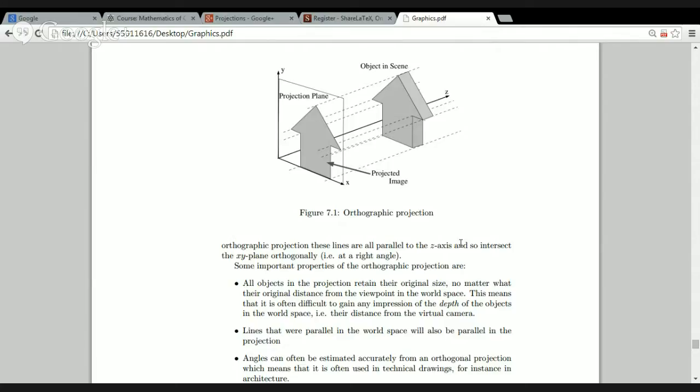Of course, if it was oriented differently, if it was slanted, so it wasn't face on to the camera, the projection would be a lot narrower. But the point we're making here is that the size of the projected image doesn't depend on the distance from the camera. So a same sized house a million miles away, a million miles down the Z-axis, under orthographic projection, it would still arrive on the XY plane looking like this, the same size, okay?